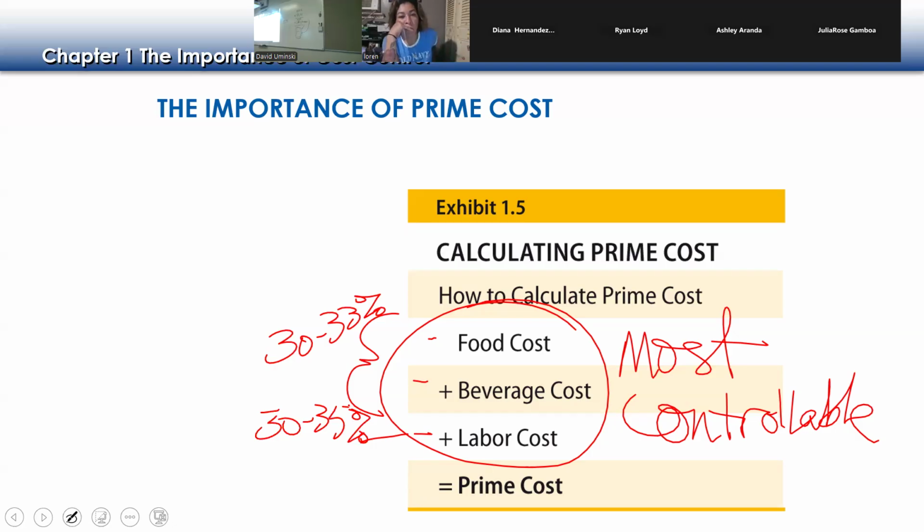Now this is kind of an industry standard, right? But if you take an average of the entire industry, fast food is going to have different profit margins than, let's say, a fine dining steakhouse. In a fine dining steakhouse, we have fewer guests and more service, right?